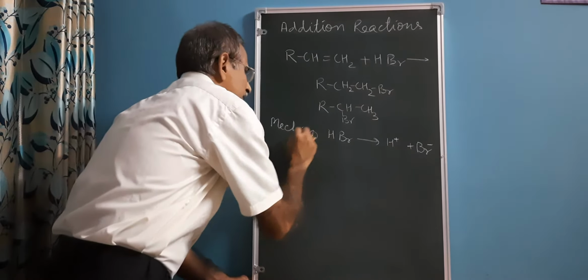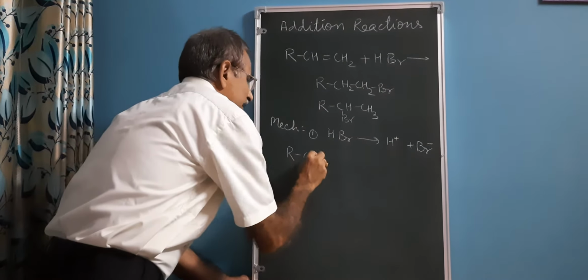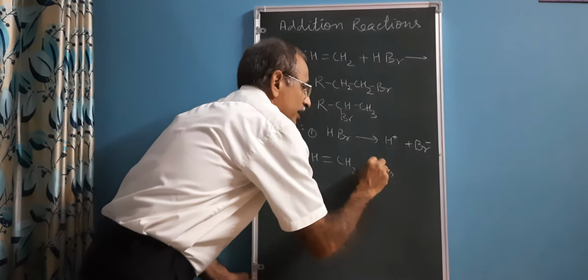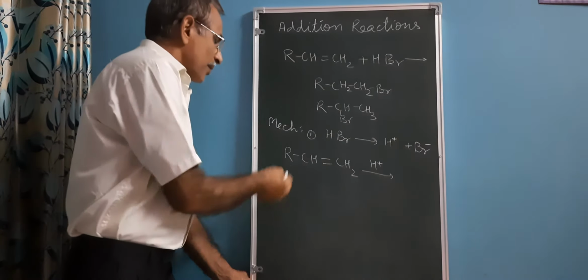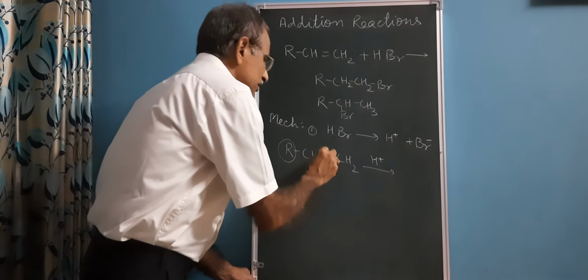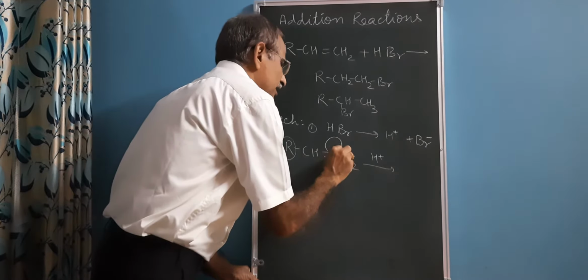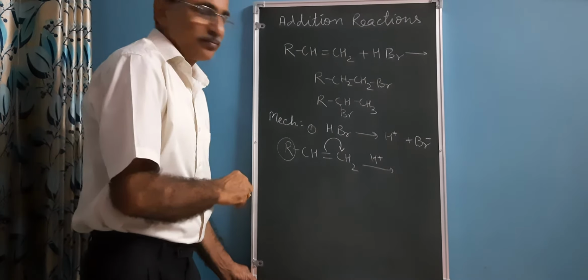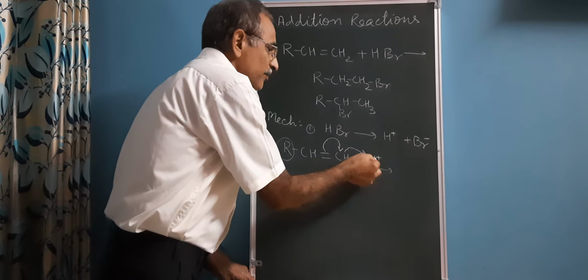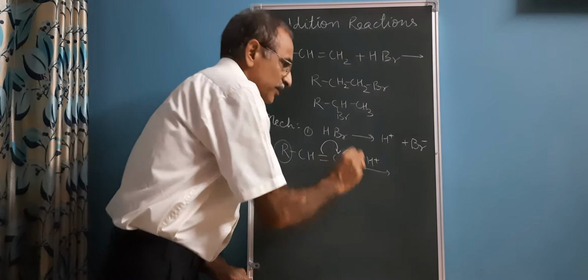In next step, here we are having asymmetric alkene, and in presence of this H ion and plus I effect of this alkyl group, this bond pair electron shifts along primary carbon, and here attack of H ion will be at first carbon atom.